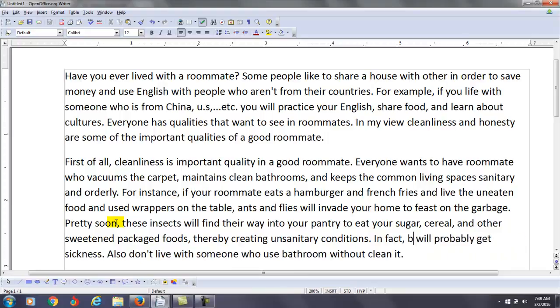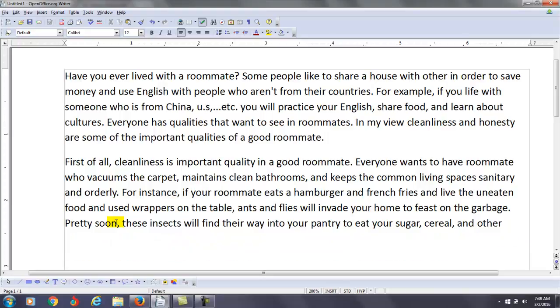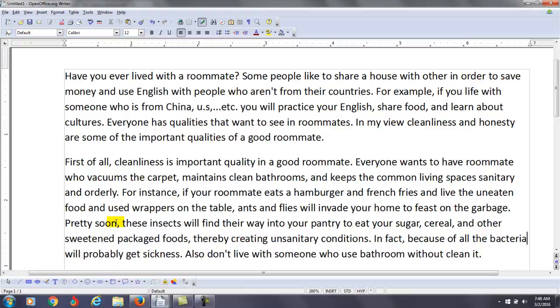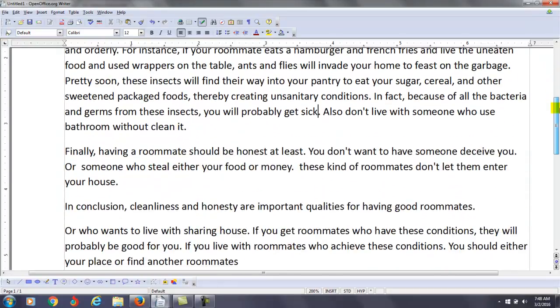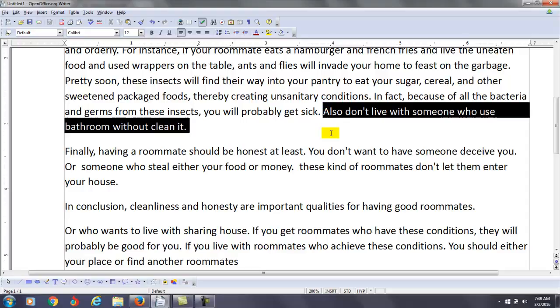You might say, in fact, because of all the bacteria, show cause-effect here, use a cause-effect connector, because of all the bacteria and the germs from these insects, you will probably, I'm going to say here, get sick. Now, I'm not even going to go to the bathroom thing, because once you bring that up, you have to take a whole bunch of sentences to explain that. I don't think you have enough time to do that.